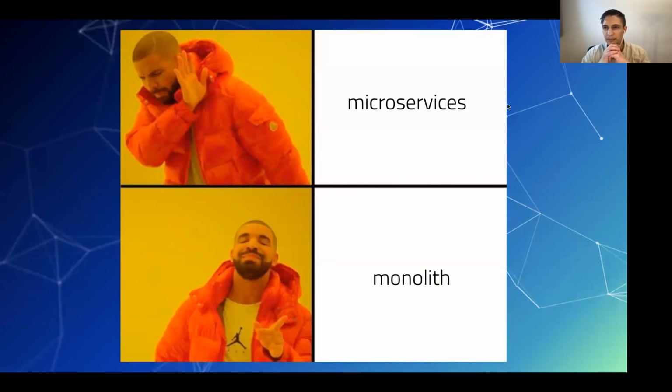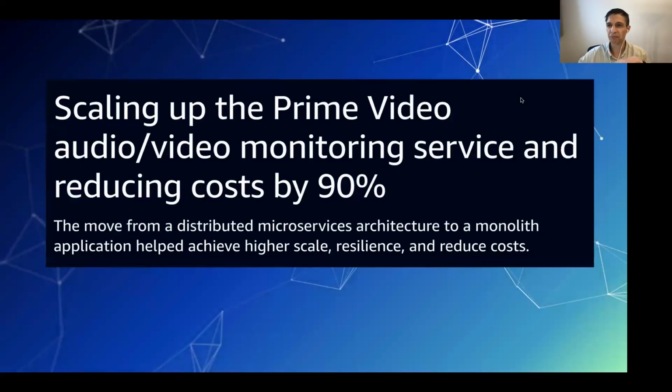Okay, but microservices are so good, maybe in some cases monolith architecture is much better than microservice architecture. If you try to Google the topic, just recently Amazon announced that they reduced cost by 90% by introducing monolithic architecture in their infrastructure.